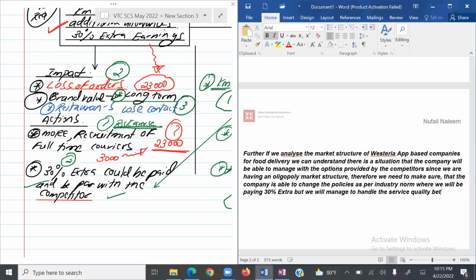Full stop. This is the main action that is essential in the short run. Full stop.